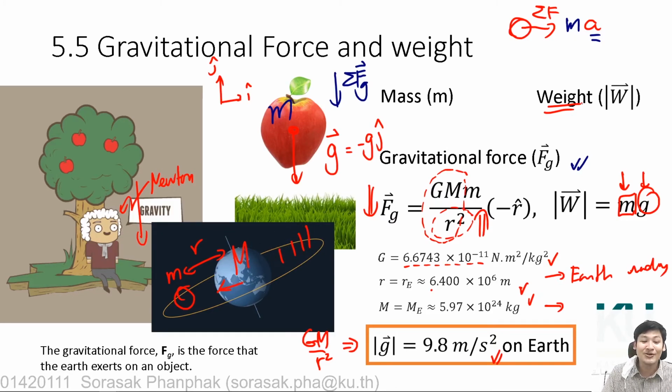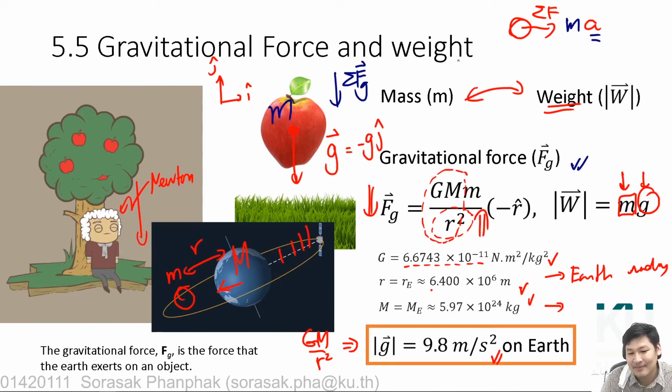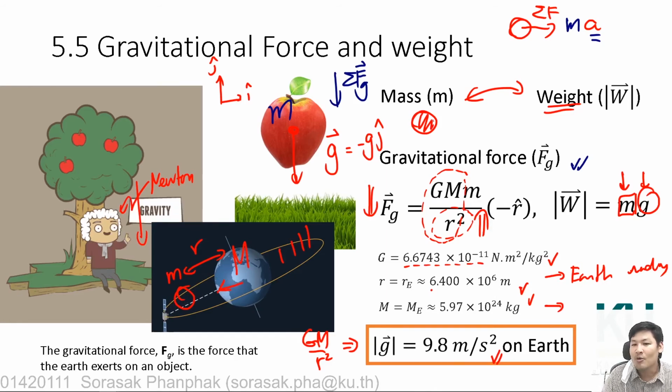Thing is, if you would like to lose weight, you can change to another planet with a lower gravitational acceleration. That means you lose weight, but your mass is still the same, right? So mass and weight are different in this term, because mass represents your own body and is not related to any gravitational acceleration.